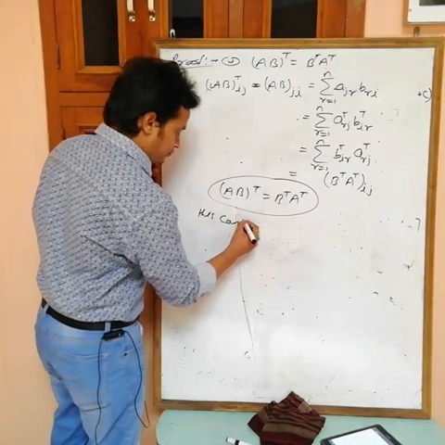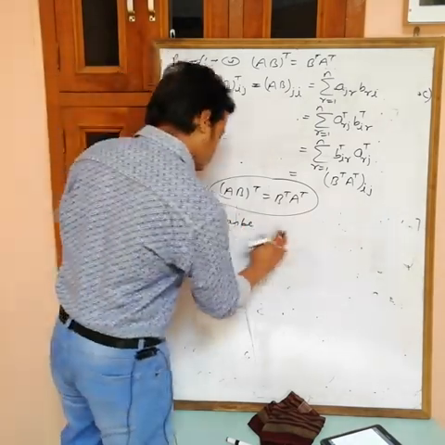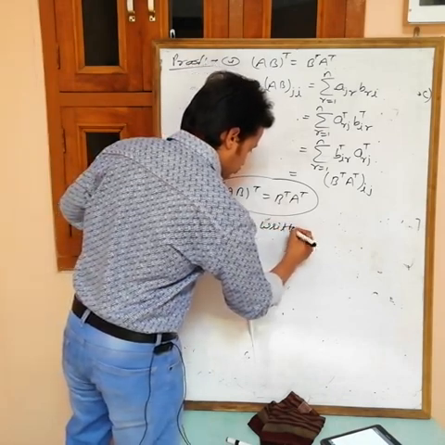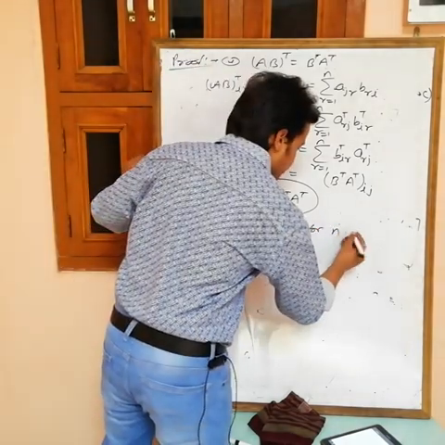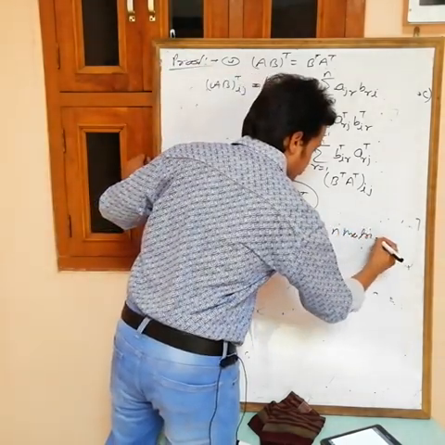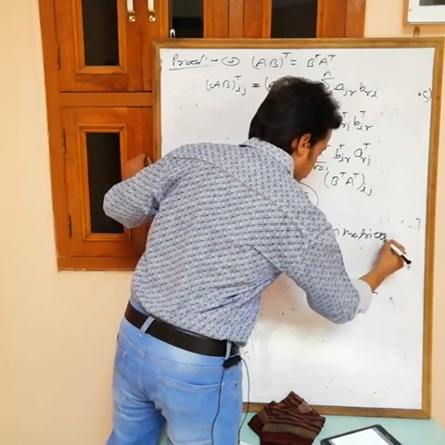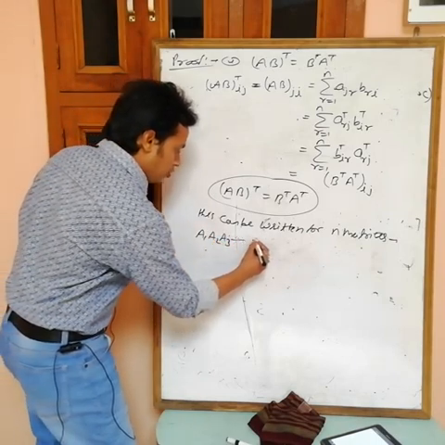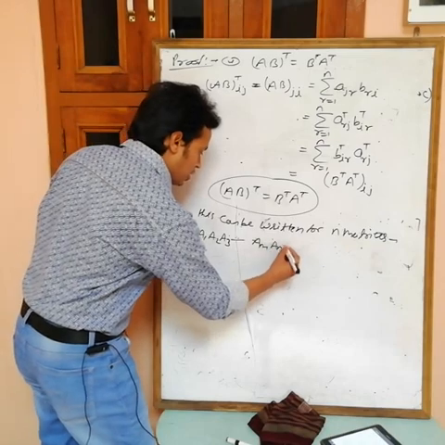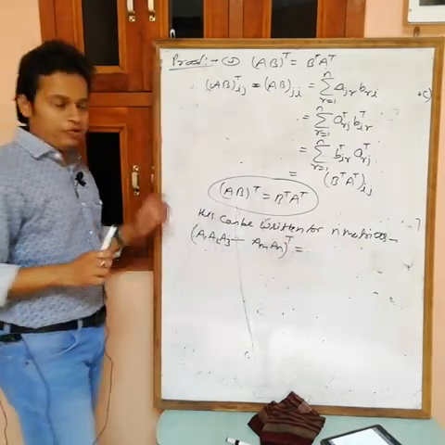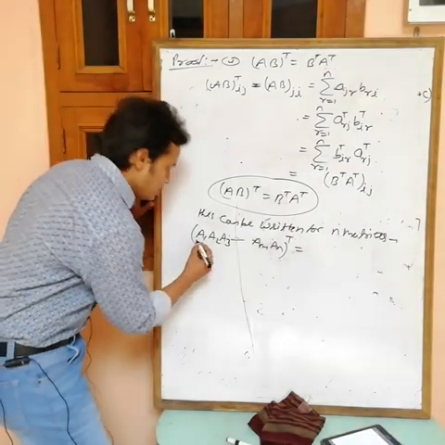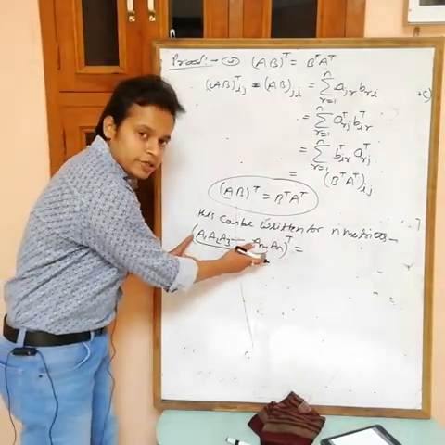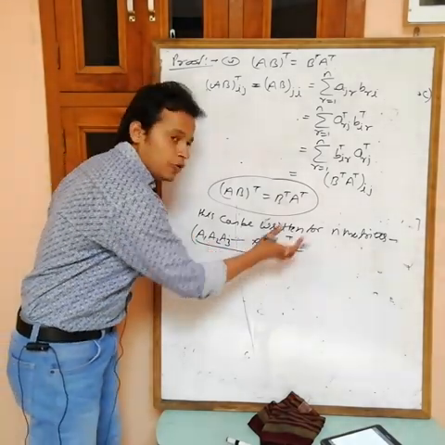Now again, this can be written for n matrices. Suppose we have A1 into A2 into A3 into An minus 1 into An matrices, and we want the transpose of this product. Then I can suppose that this part is A and this one is B. This product is also a matrix, so this is like (A into B) transpose.